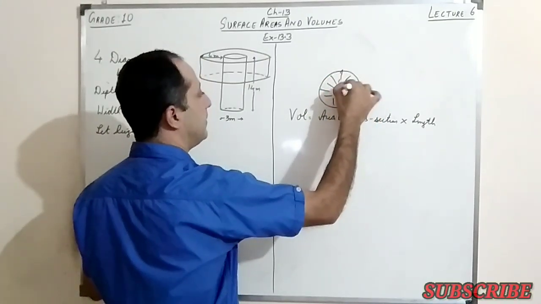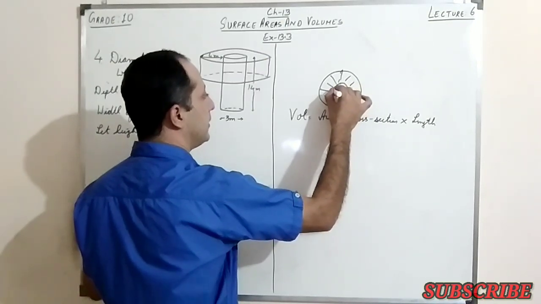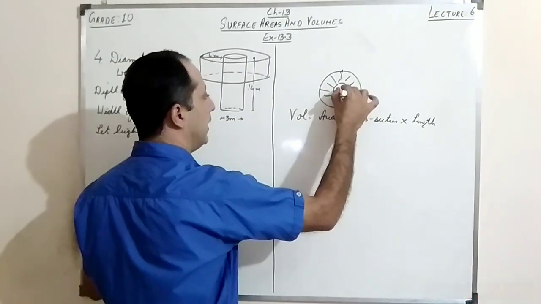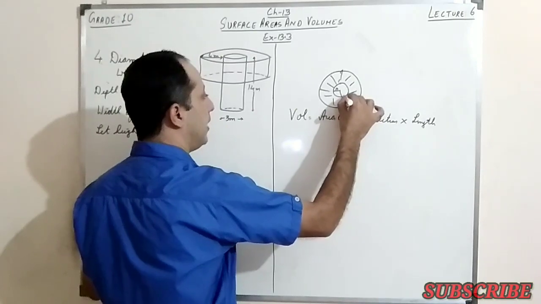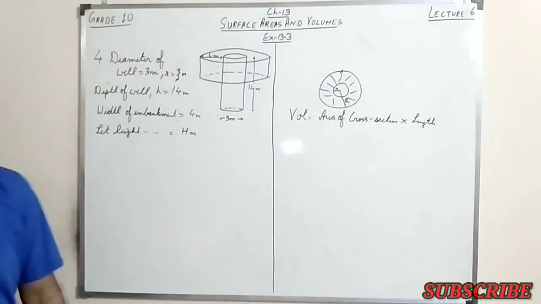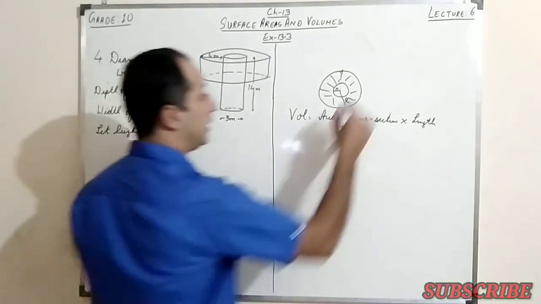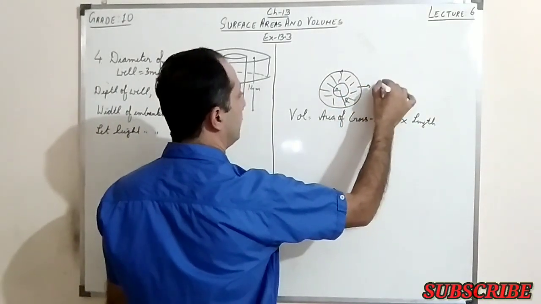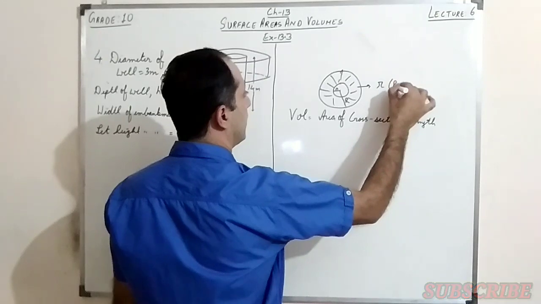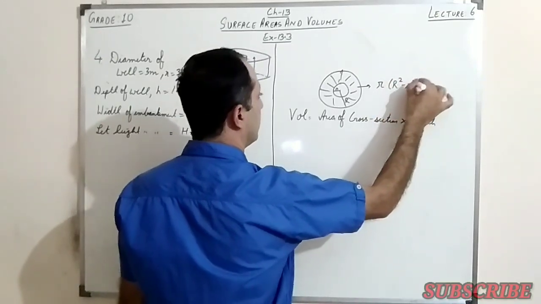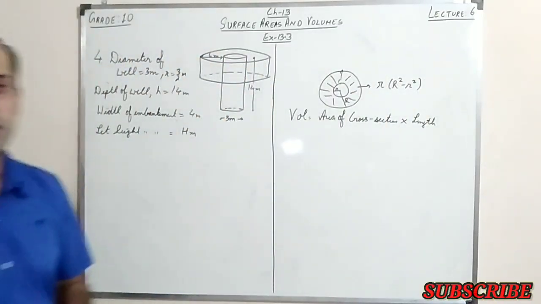And the inside part is hollow. Suppose this is the inner radius small r and this is the outer radius, capital R. Then the area of cross section would be pi times capital R square minus small r square.